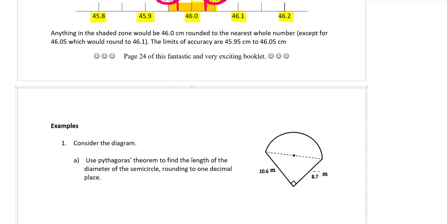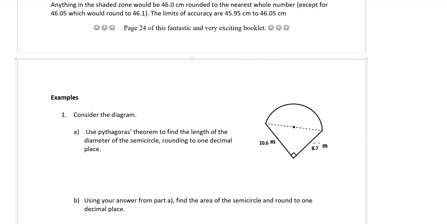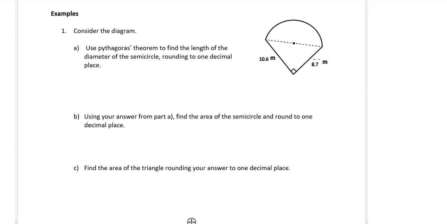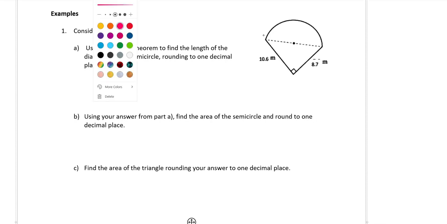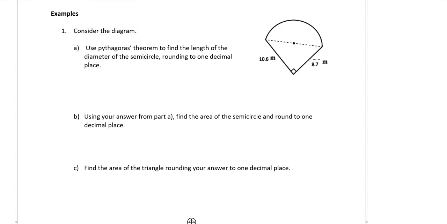Okay, so what are we going to do with this? Let's go to our examples. Example number 1. Consider the diagram. Use Pythagoras' theorem to find the length of the diameter of the semicircle rounding to 1 decimal place. Okay, so we have a right angle triangle here. And I want to find the diameter of the circle, which is going to be the hypotenuse.